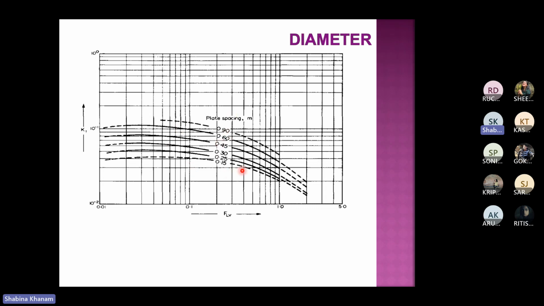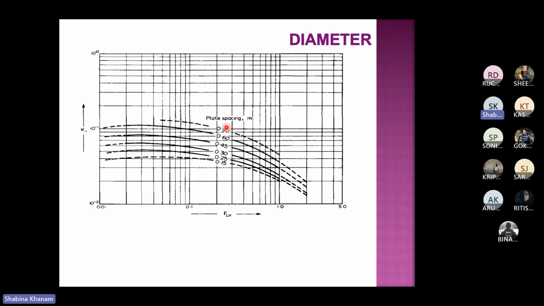Usually plate spacing varies from 0.15 to 1, but here the value is given only up to 0.9, and in between you can take the value. Usually we consider 0.45 or 0.5 as a feasible plate spacing.